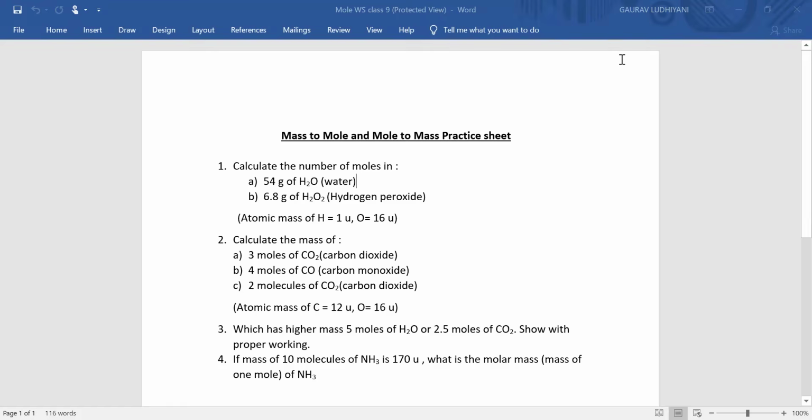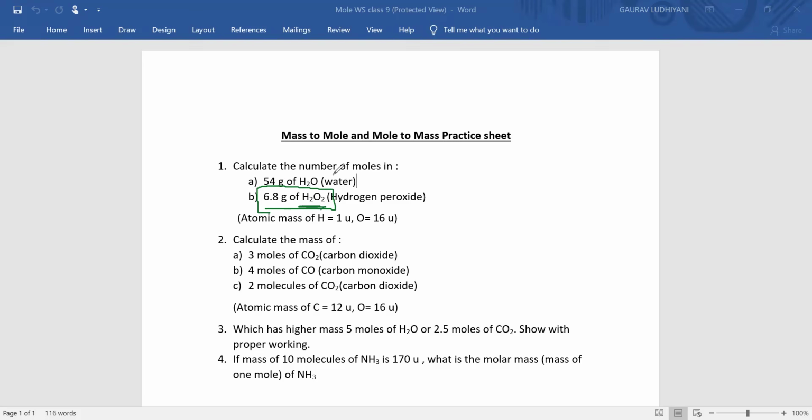Now coming to question number 1, part B. Question 1B says that you have H2O2. Now you know H2O2 is a molecule. It's a combination of atoms. There are 2 hydrogen atoms and there are 2 oxygen atoms. So it's a combination of atoms.